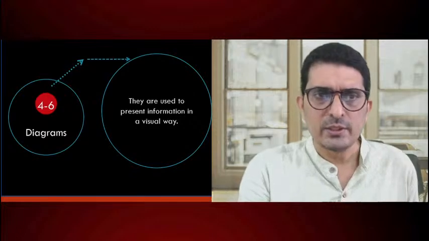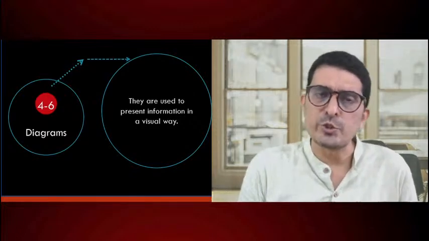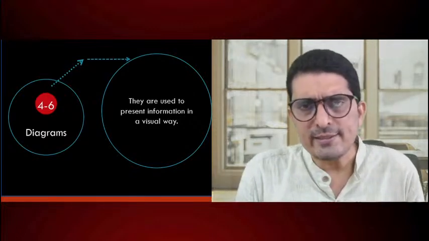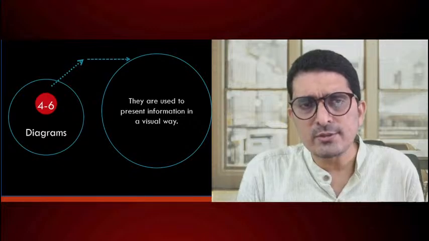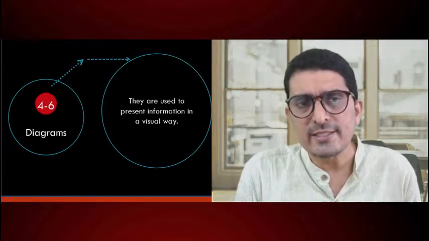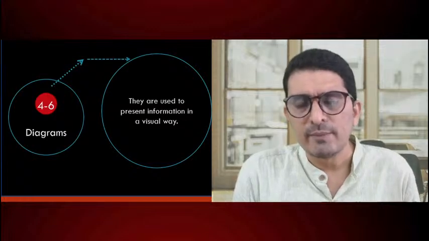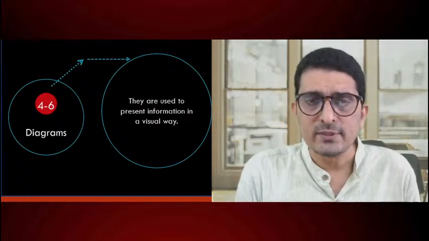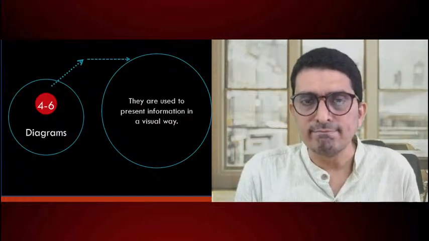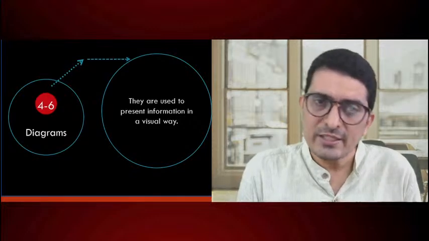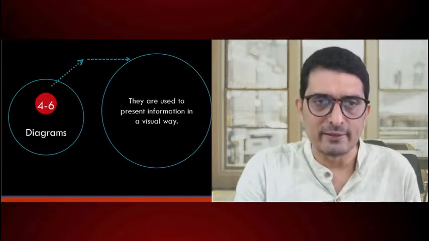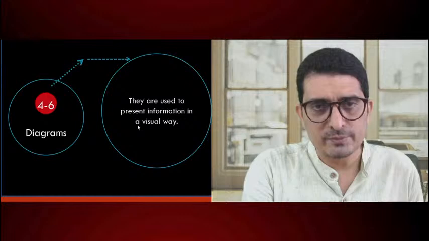Then diagrams. They are used to present information in a visual way. Psychology tells that when students see some visuals, the information gained by them will last for a long period. So look at diagrams.